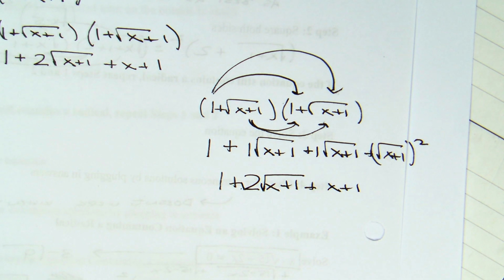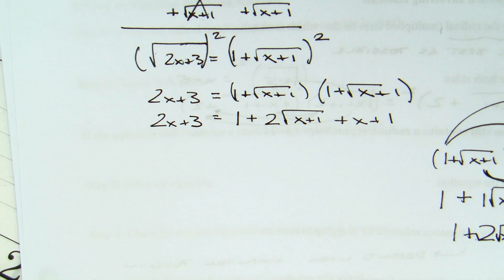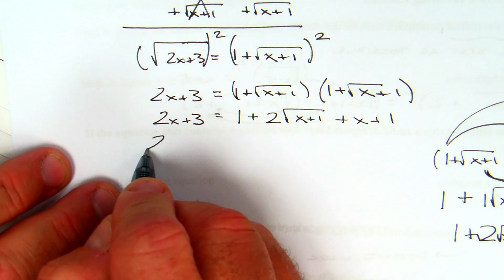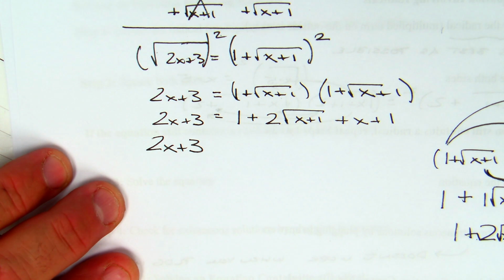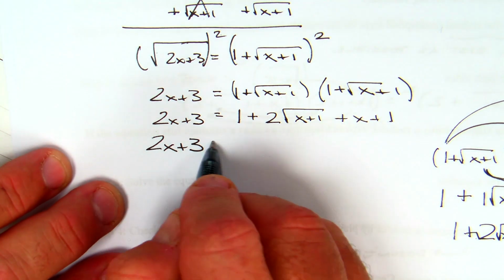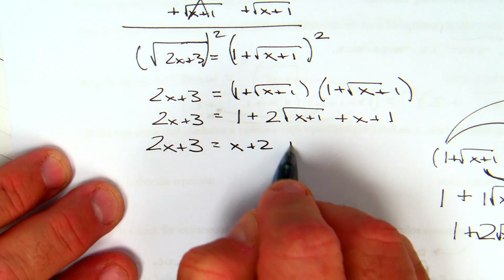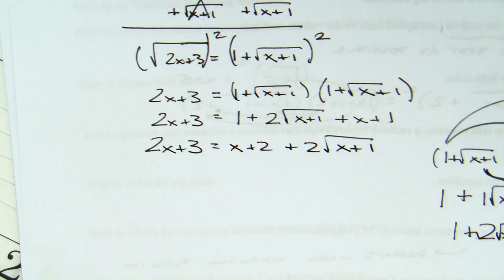Good? Okay. Now, this is what we mean by being very conscientious about your work. Don't try to do too much at once. So the left-hand side is going to stay exactly the same. I'm going to put together the 1 and the 1, and that gives me 2. So this becomes x plus 2 plus 2 square root of x plus 1. So all I'm doing is combining like terms.